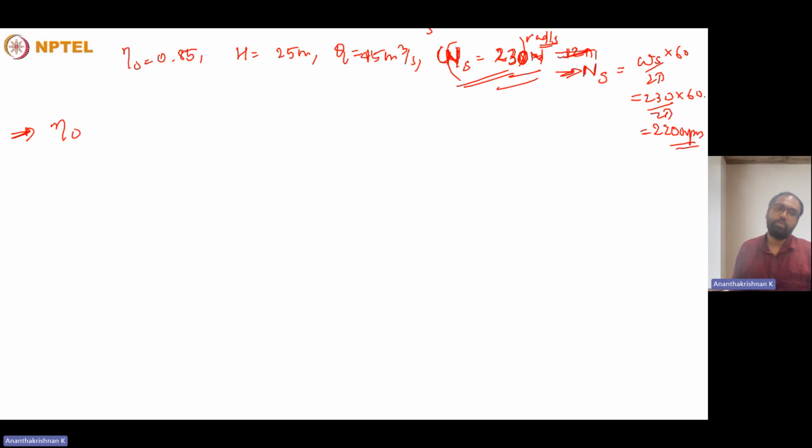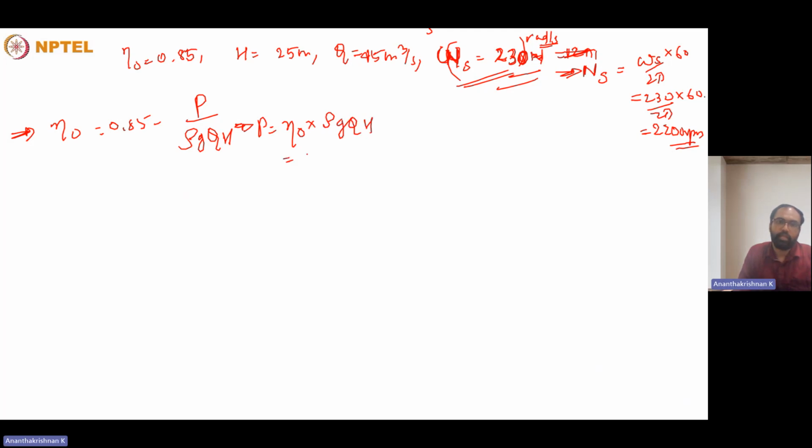So we need to determine the value of the power. Eta overall efficiency is equal to 0.85 is equal to the power divided by rho g into QH. We can determine power as overall into rho g QH. So that is 0.85 into 10 cube into 9.81 into the Q, that is a discharge.